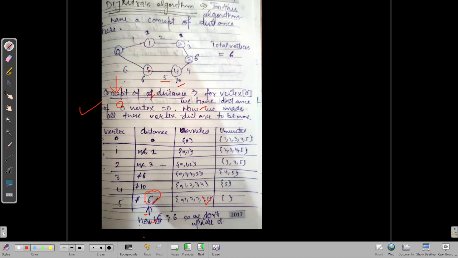Then we can say that we don't need to reach 5 by traversing this long way. We can traverse through this. Okay, that's why we don't update it, and it remains 6. And that's how we are using Dijkstra's algorithm.